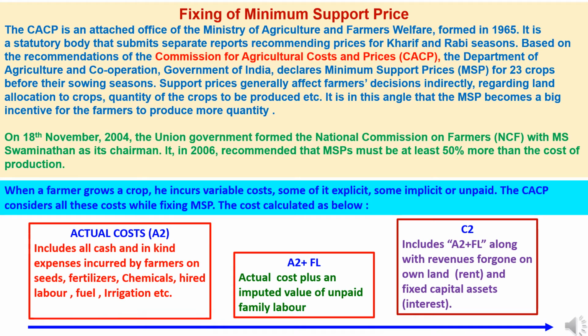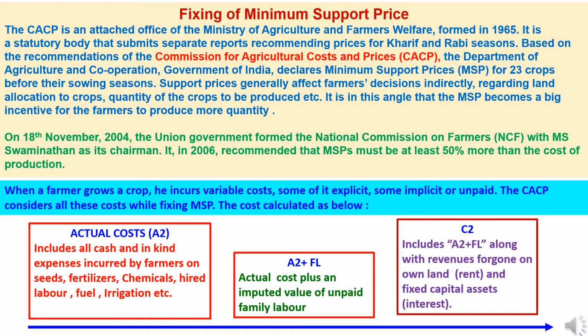unpaid. The Commission for Agriculture Costs and Prices (CACP) considers all these costs, and the cost is calculated involving actual cost plus family labor, and final cost like A2, A2 plus FL and C2. Actual cost A2 consists of cash and in-kind expenses incurred by farmers on seeds, fertilizers, chemicals, hired labor, fuel and irrigation.